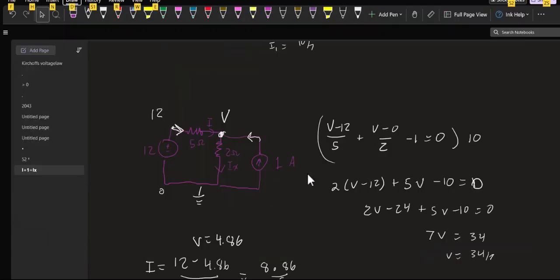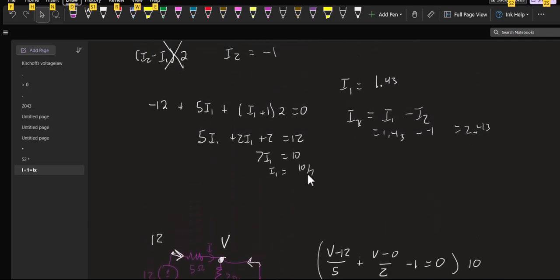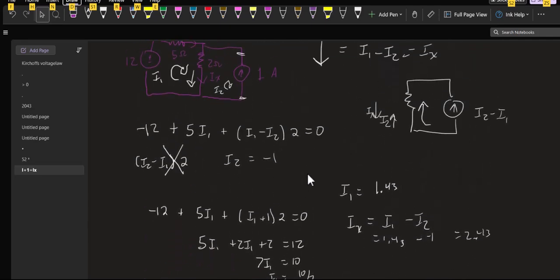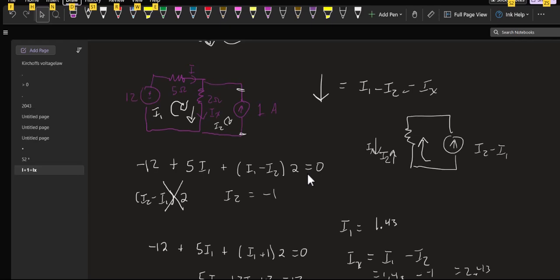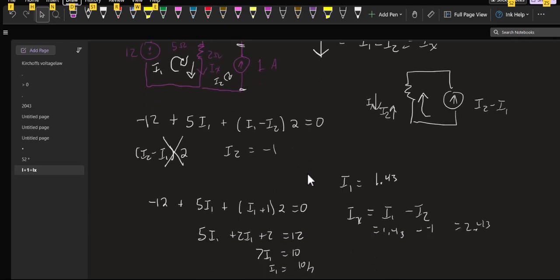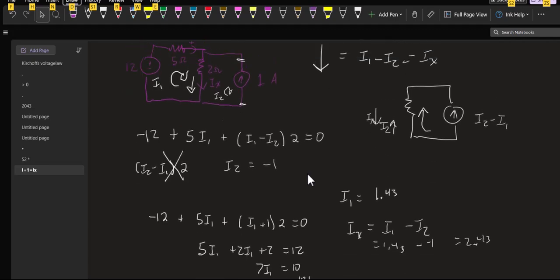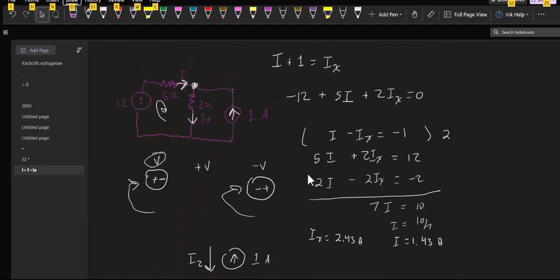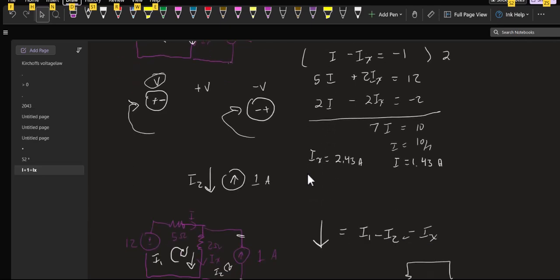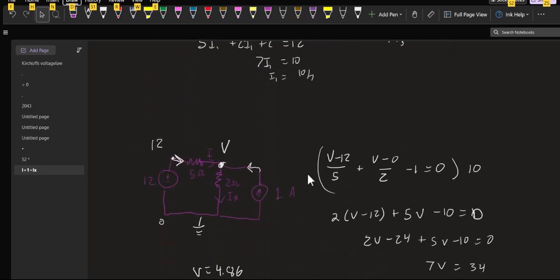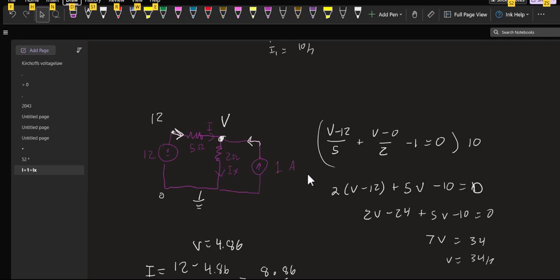What was I supposed to get? Let's get 1.43. So let's see, where did I mess up here? Of course I messed up somewhere. V minus 12 over 5, V minus 0 over 2, minus 1 equals 0.